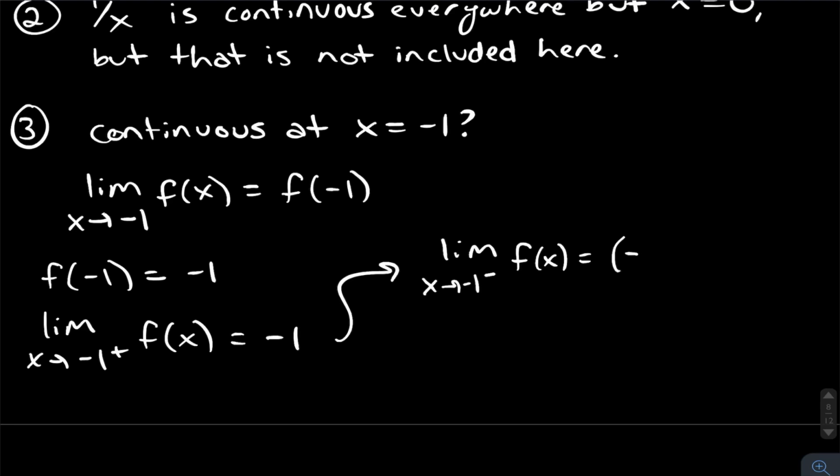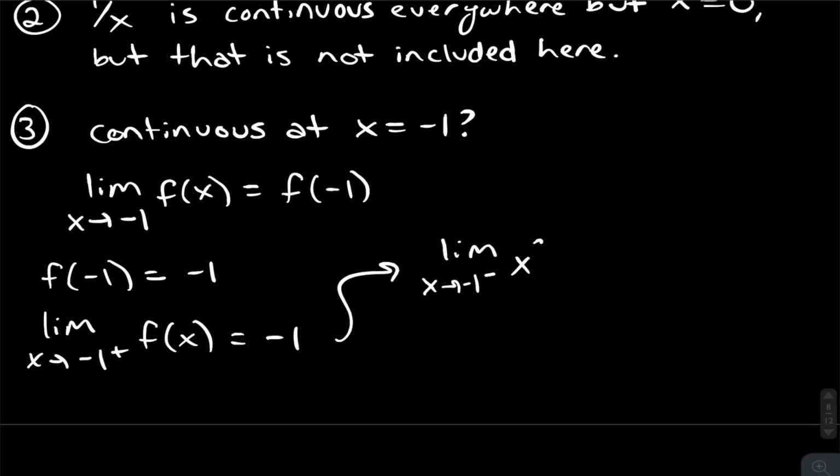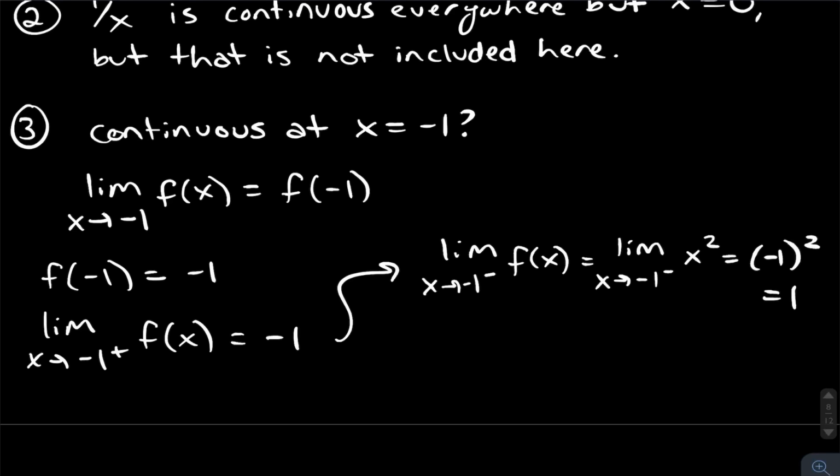Because that f of x ends up being x squared. So actually, I'll write it like this. I don't want to confuse people looking back at the PDF, so what I'll do is I'll write it like this. Right? So that ends up equaling 1.